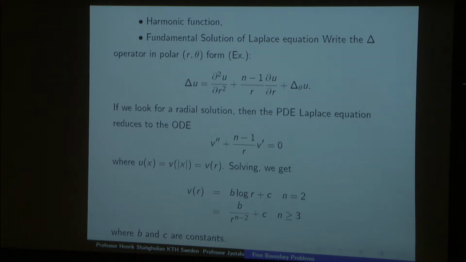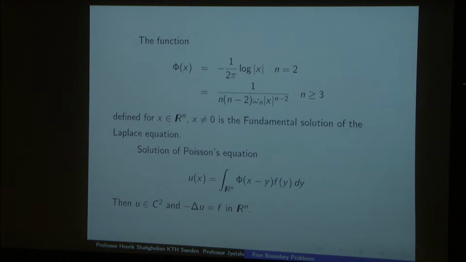So this is one of the easiest ways to derive it, trying to find a solution, that's all, without really bothering about anything else. So here, this particular function, phi x is equal to minus 1 by 2 pi log mod x, for n equal to 2, and this is normalization.